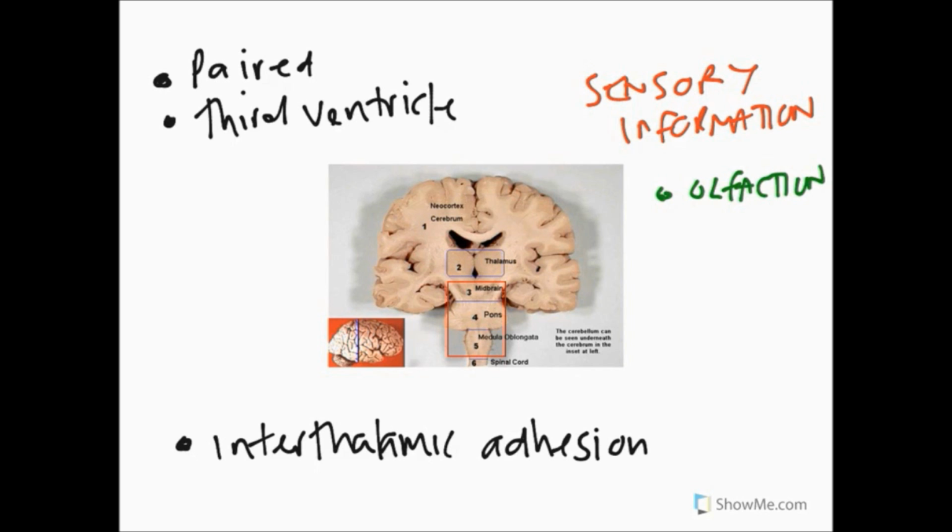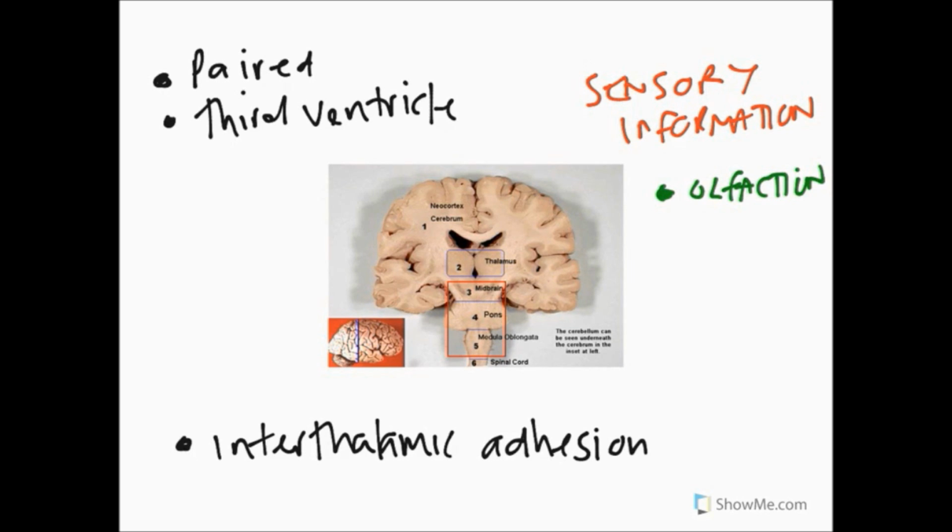In fact, olfaction has a slightly different route because it's phylogenetically quite an old special sense. It means that it doesn't relay through the thalamus at all, but it goes straight to cortical regions, and that's a kind of separate story altogether. So we must remember to omit olfactory information when talking about sensory information coming to the thalamus.